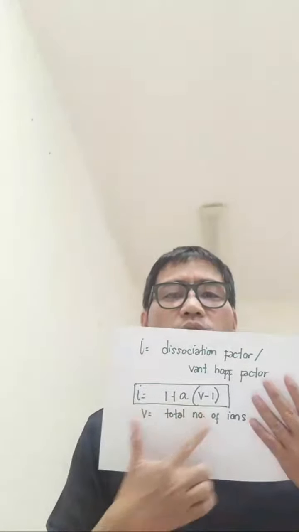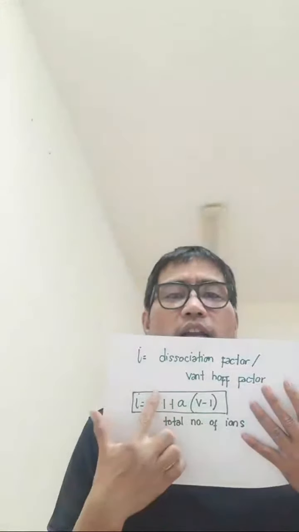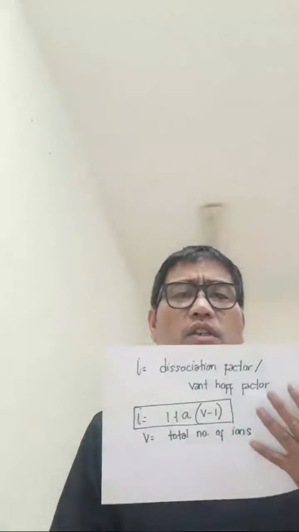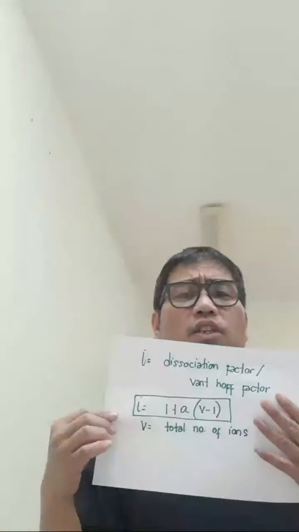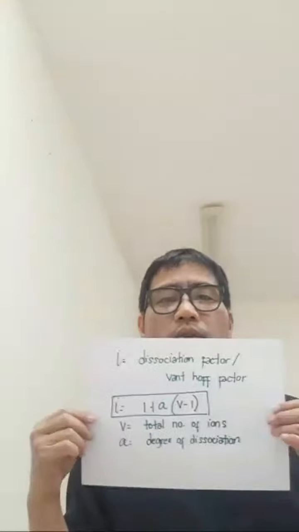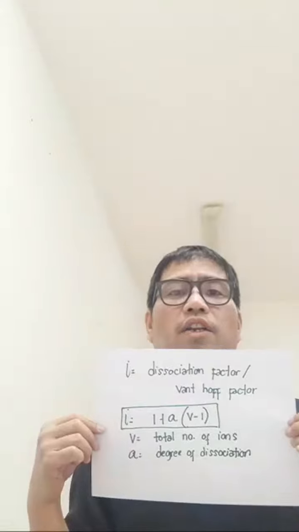The v is the total number of ions, and alpha is the degree of dissociation.